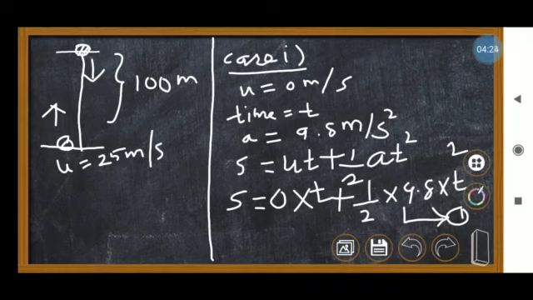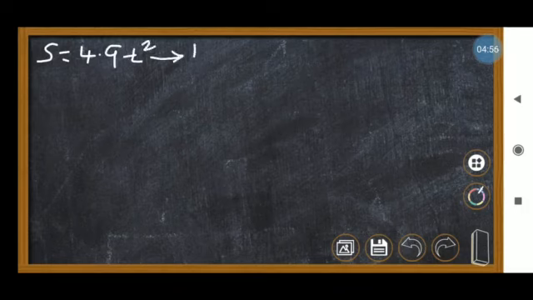Cancelling, half of 9.8 is 4.9. So s equal to 4.9 t square. This is the first equation.